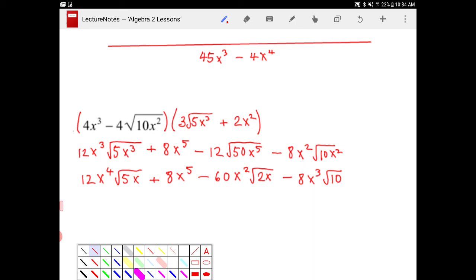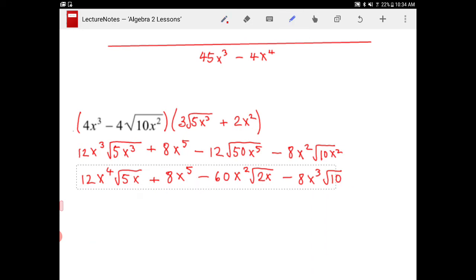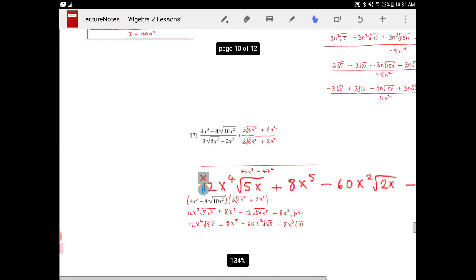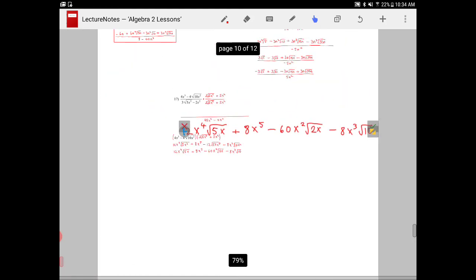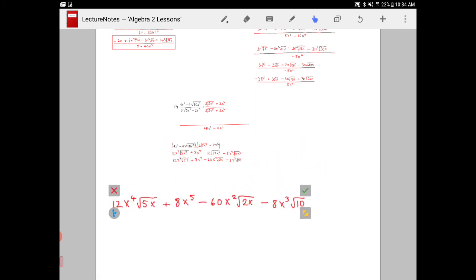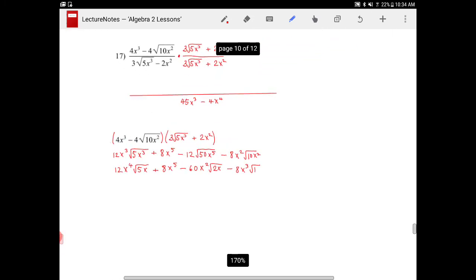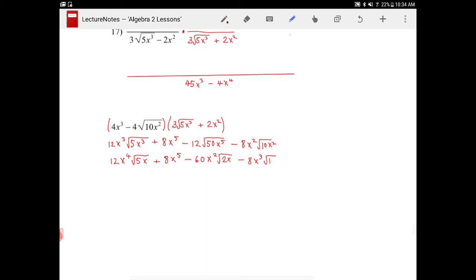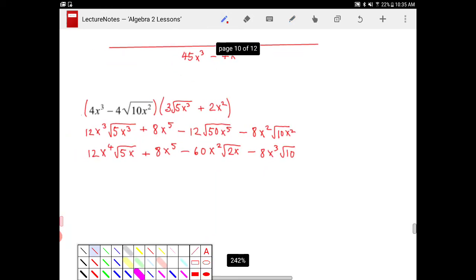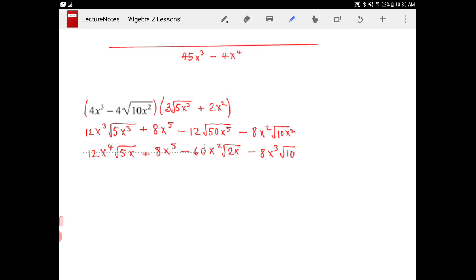So that's my numerator, which I'm going to bring up top now. Whoops. Hold on. So one more time. This is my numerator, which I'm going to bring up top.